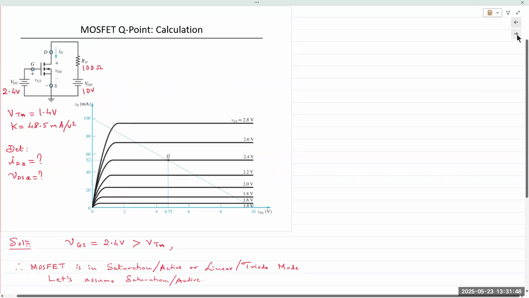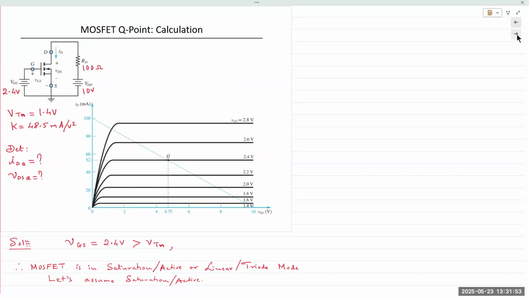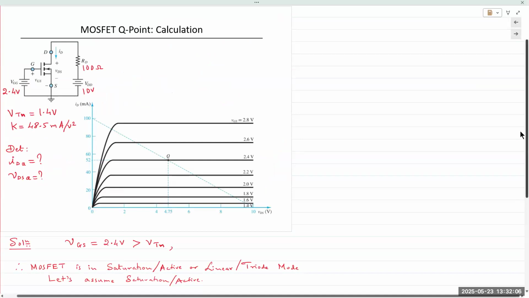All right, now let's look at the same circuit, same characteristics, but it's asking us to find IDQ and VDSQ. We can, of course, use the graphical analysis, but let's look at calculations and equations.